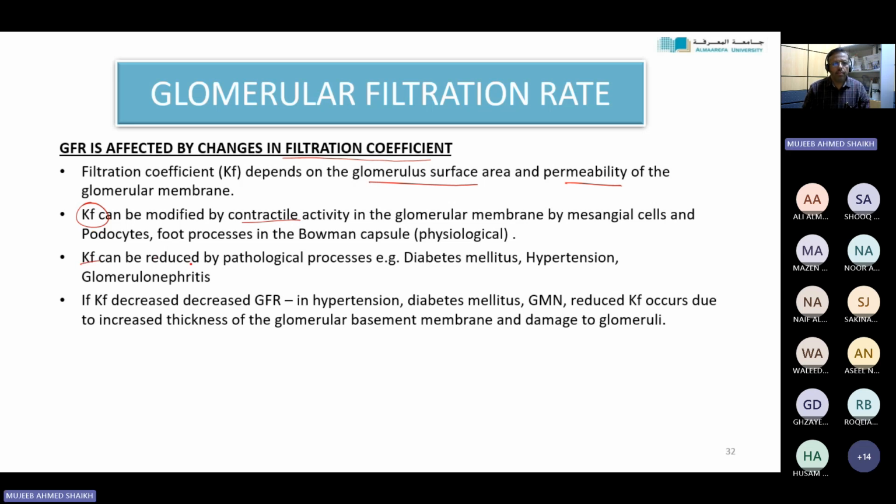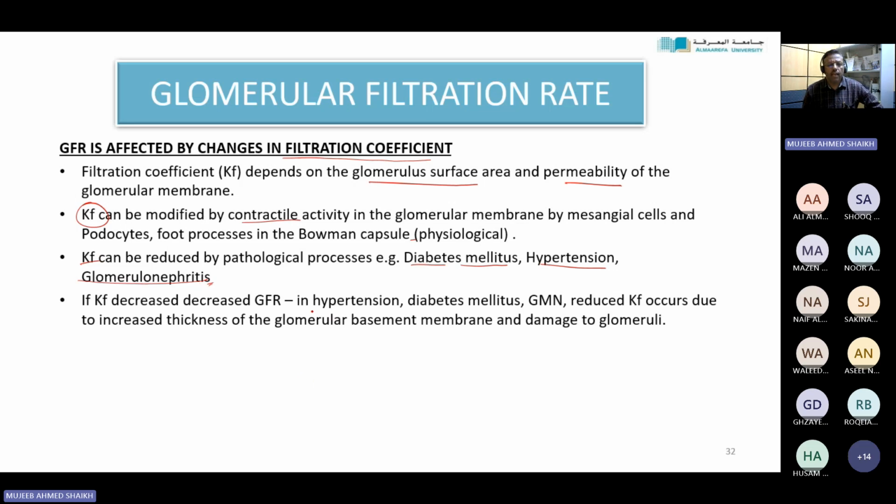Filtration coefficient can also be reduced in pathological conditions; what I described is physiological. The membrane may contract and relax, but in pathology like diabetes mellitus, hypertension, or glomerulonephritis, which means inflammation of the glomerular membrane, in all these conditions GFR will decrease.